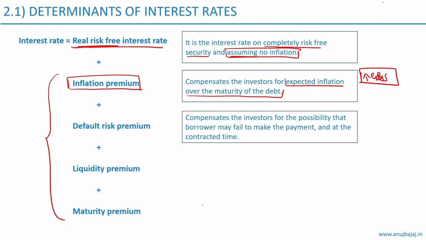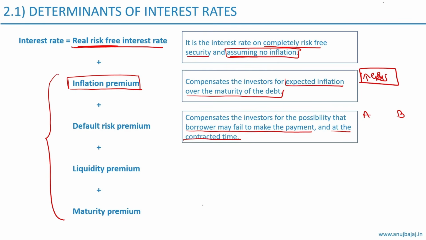Default risk premium compensates the investor for the possibility that the borrower may fail to make the payment at the contracted time. Suppose you lend money to two persons, A and B. A has a good reputation and there is very little chance that he will default on the payment.